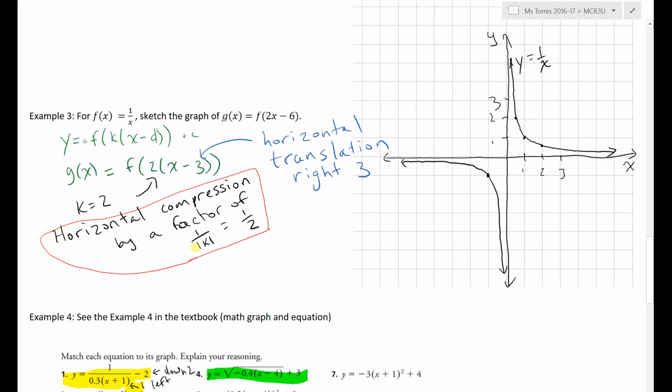So horizontally compressed. So everything's going to be squished in towards the y-axis. Whatever its distance is to the y-axis, the point's going to be half that. And if you get a little confused, just do a table of values.